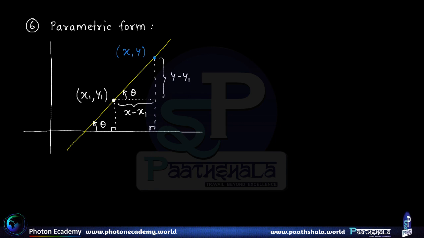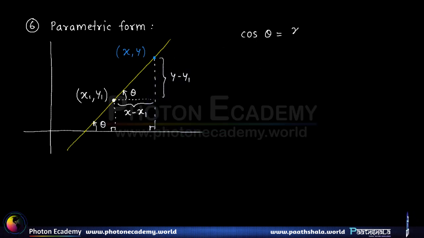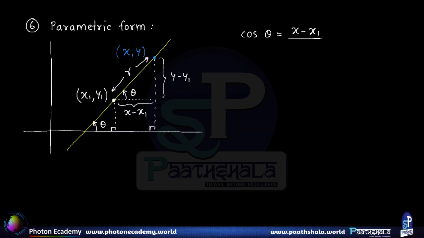Therefore we can write cos theta as x minus x1 upon, if you look at this particular triangle, and let us consider that the distance between any general point and the given point is, say, r, then cos theta is x minus x1 upon r, where r is the hypotenuse of that triangle.